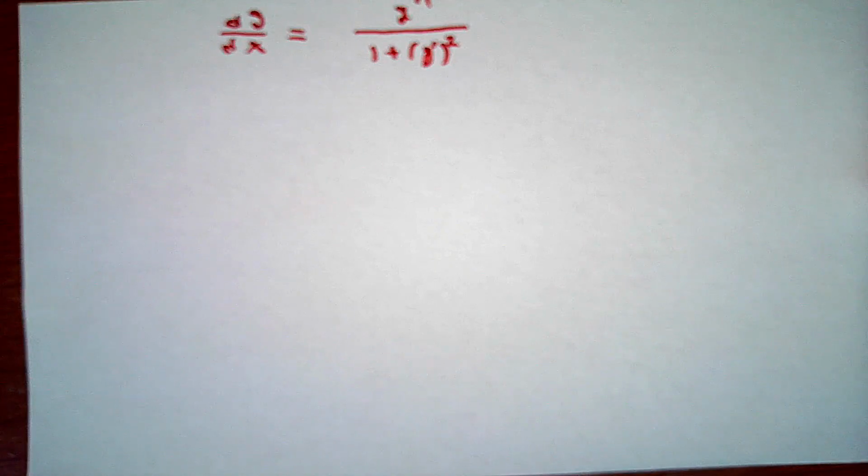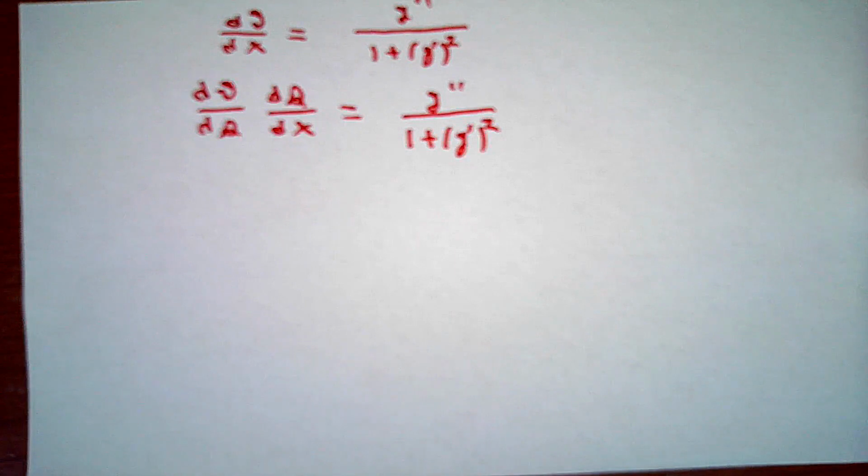Because of the chain rule, d theta dx is d theta ds multiplied by ds dx. But since the arc length is the integral of the square root of 1 plus y prime squared, the derivative of s with respect to x must be that radical quantity.